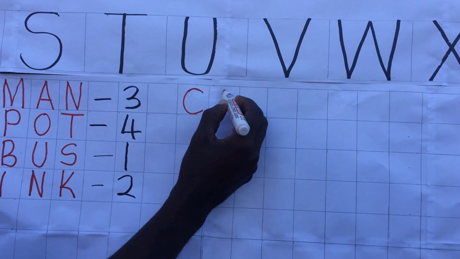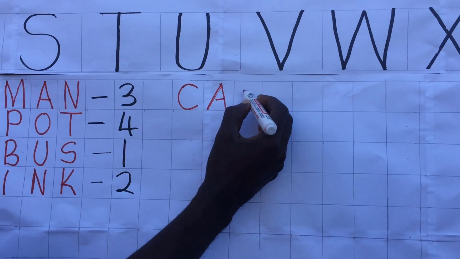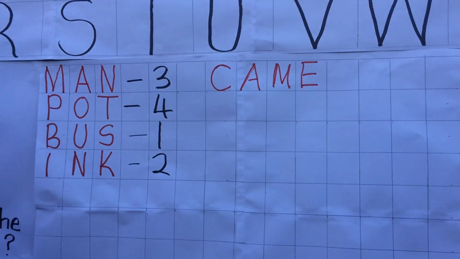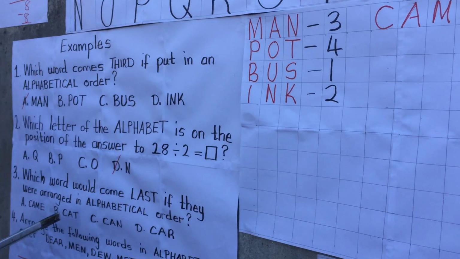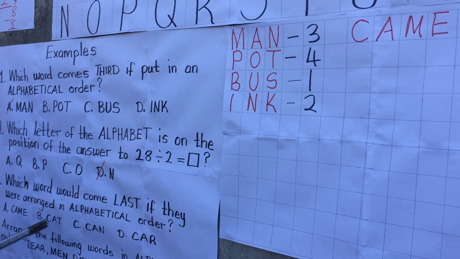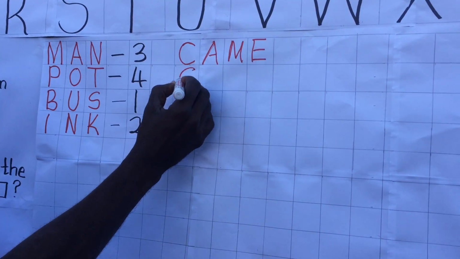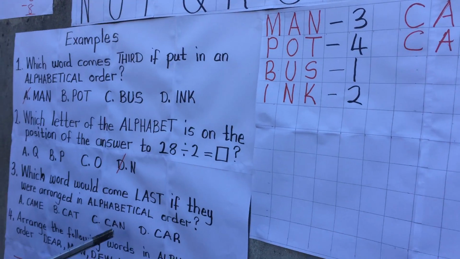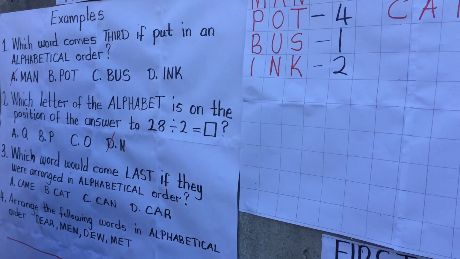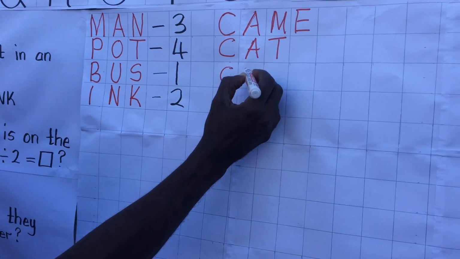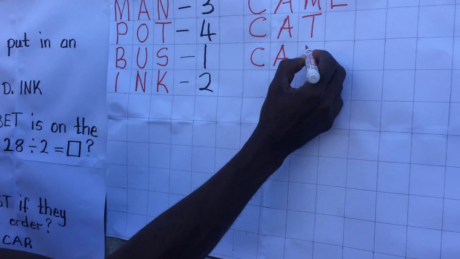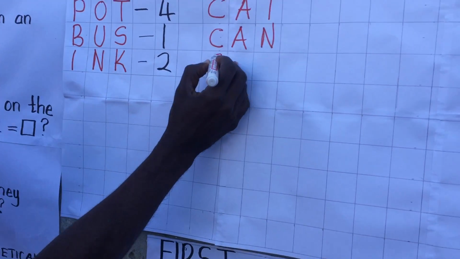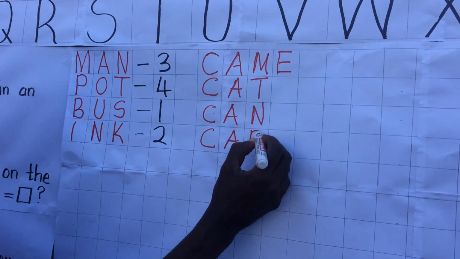So the C, A, M, and E. The next one is cuts. So I write it here, C, A, T. The next one is can, C, A, N. The last one is call, C, A, R.